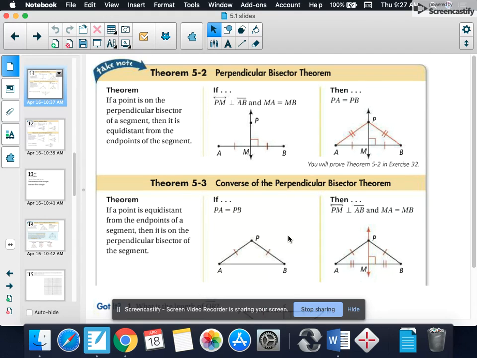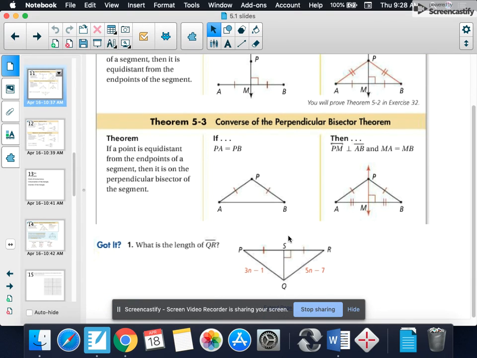Then there's also the converse, saying that if those two lines are equidistant from their endpoints, then the segment you draw is the perpendicular bisector of the other segment. So in the picture, PA is equal to PB, and therefore PM would be the perpendicular bisector of AB, which would also make MA equal to MB.